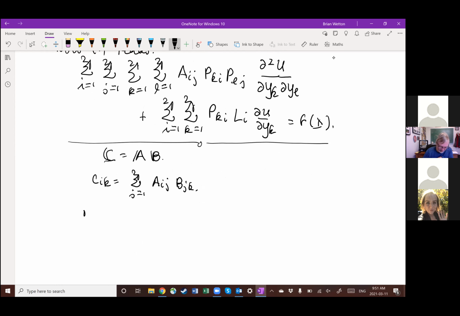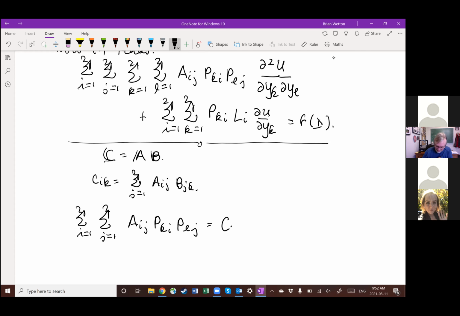So if I look at this sum of Aij, Pki, Plj, right? This is just a complex matrix multiplication.